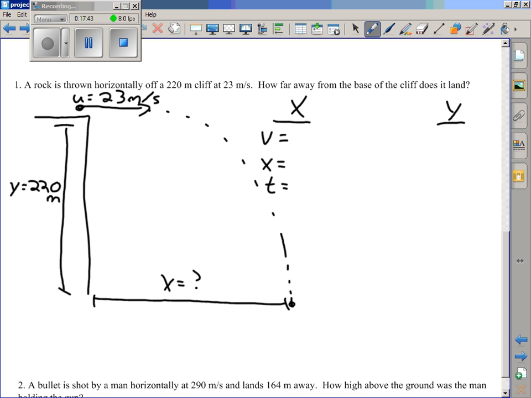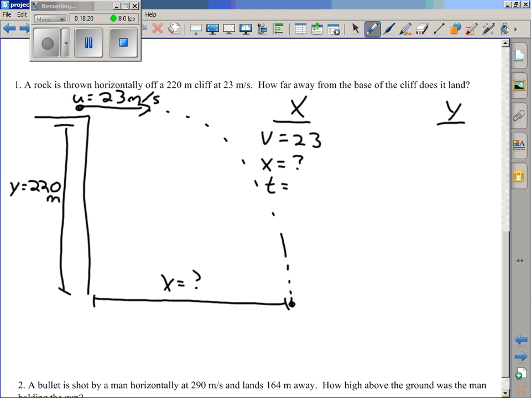That's it. Now we know the velocity in the x-axis. What is it? 23. Since it's constant, the initial is the same as the final, is the same as the average. It does not change. The velocity is always 23 in the x-axis. The x displacement is what I'm looking for: how far out does it go on the x-axis? And I don't know the time either, since that wasn't given to me.